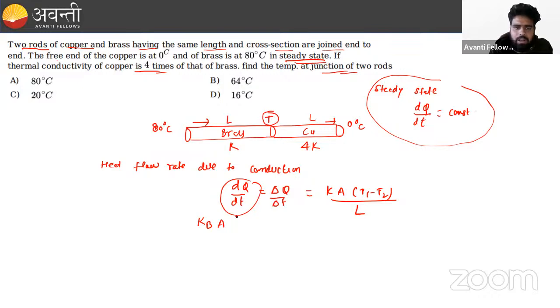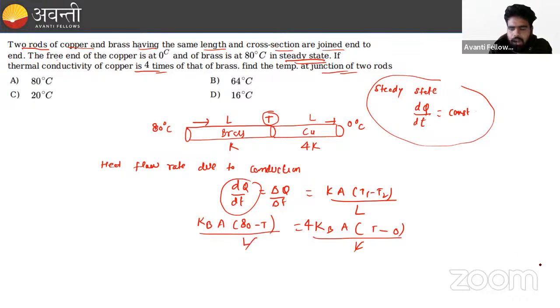So what we can write here: K into A, (80 minus T), that is higher minus lower, upon the length L, equals the thermal conductivity of copper, that is 4 times that of brass, 4 Kb, the area is the same, (T minus 0), that is the junction temperature T minus 0, and the length is again the same.